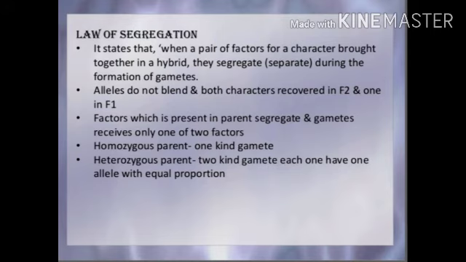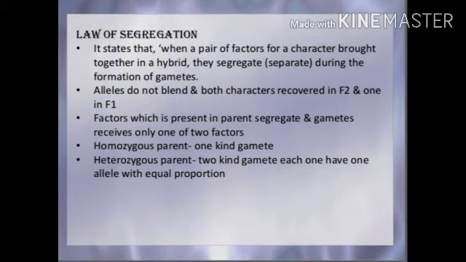Now the law of segregation. It states that when a pair of factors for a character is brought together in a hybrid, they will segregate during the formation of the gametes.